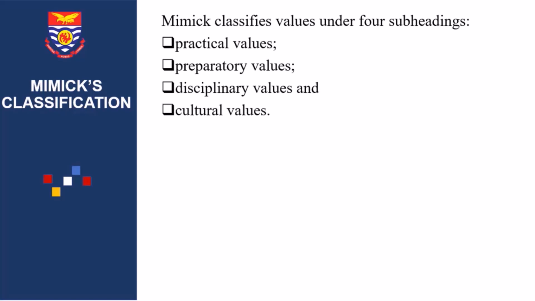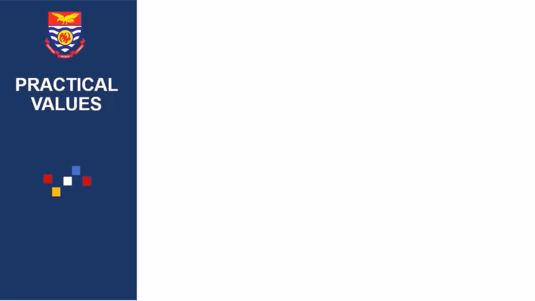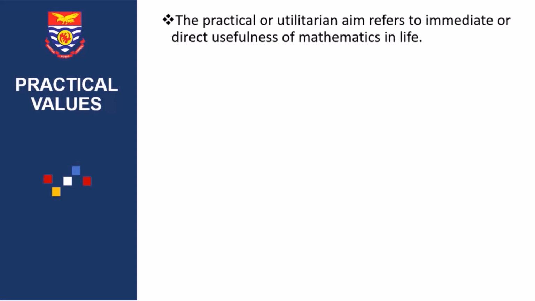So these are the subheadings under which Mimic classified values in mathematics. We shall take them one after the other and look at what we mean by practical values, preparatory values, disciplinary values, and cultural values.